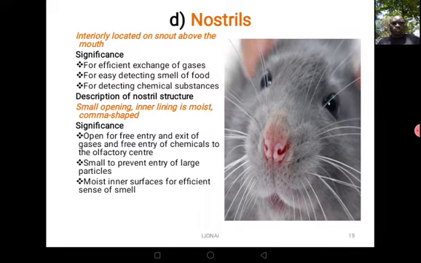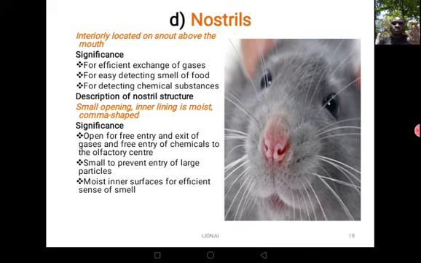And then when you are to describe the nose, what would you say when you look at it? You would see that the nostrils are small openings. Their inner lining is moist when you touch it. The inner part of the nose is moist, and they are comma shaped. When you look at them from the front, you see them as if they are like a comma. They are curved and small.